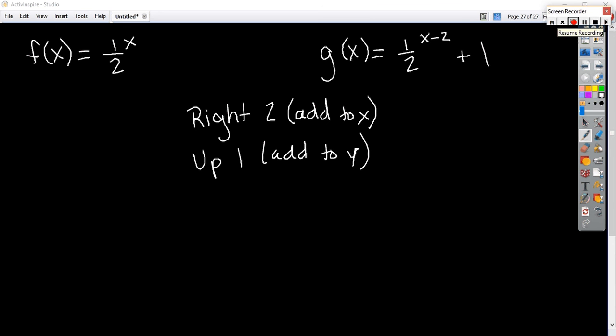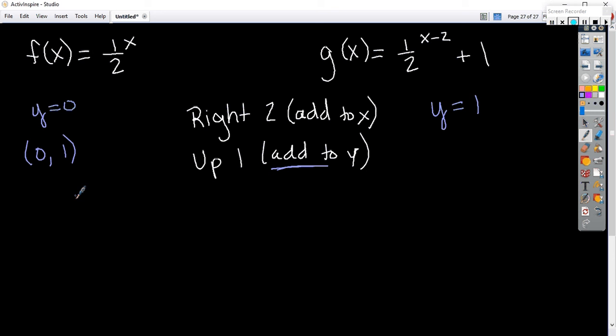So let's look at what we got. Let's find what we know, and then we'll transform them. What's the asymptote on the first one? 0, right? So what is my new asymptote? 1. It's y equals 1, I add 1 to y. Give me a point. 0, 1.